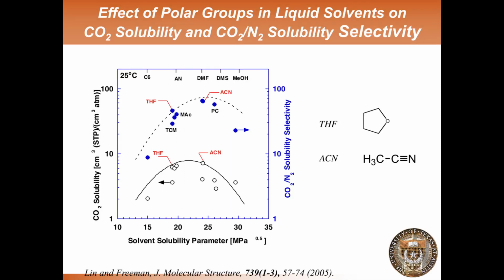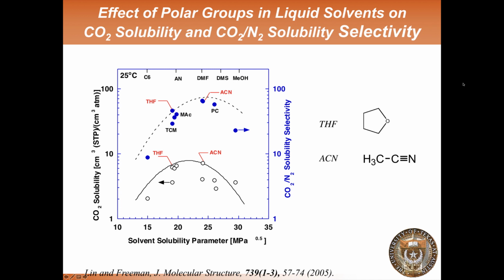The final example I'll give is for membranes that are used for CO2 capture and also hydrogen sulfide removal from natural gas today. They're based on the notion that one can design specific interactions that can enhance solubility. And so what's being shown here is CO2 solubility in a variety of liquids, going from n-hexane to dimethylformamide all the way over to methanol.